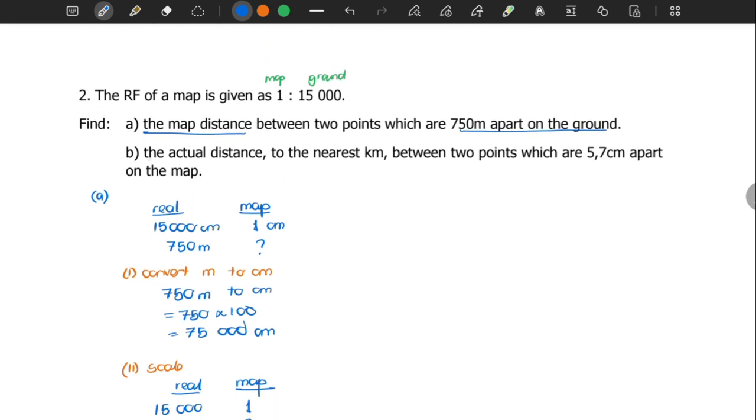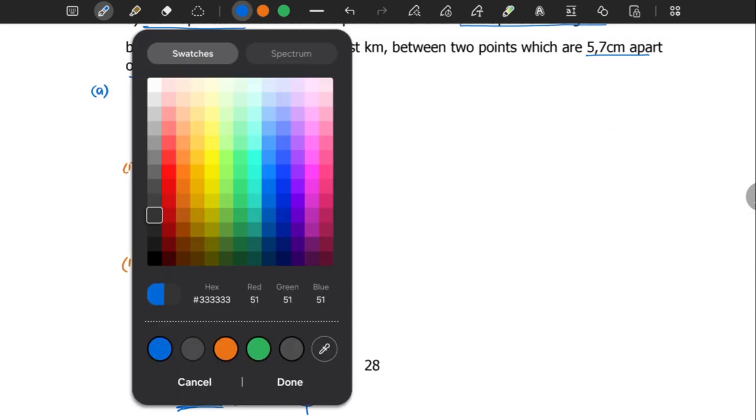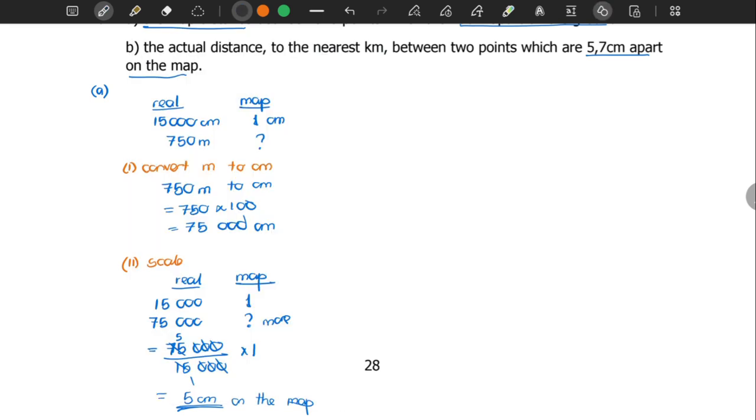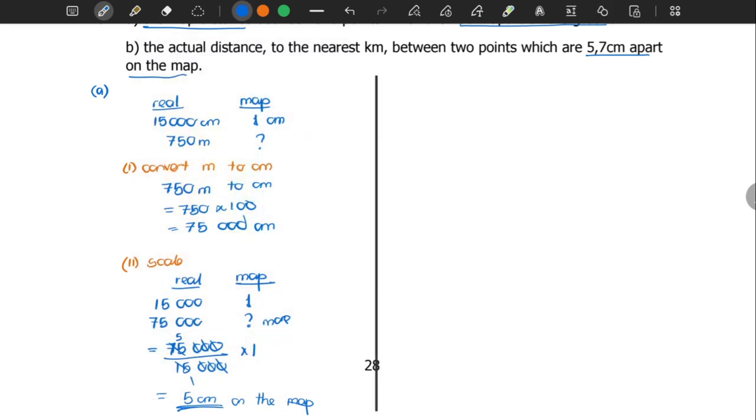And then now it says the actual distance to the nearest kilometer between 2 points which are 5.7 centimeters apart on the map. So now we're given the distance on the map, and we need to find the distance on the ground.